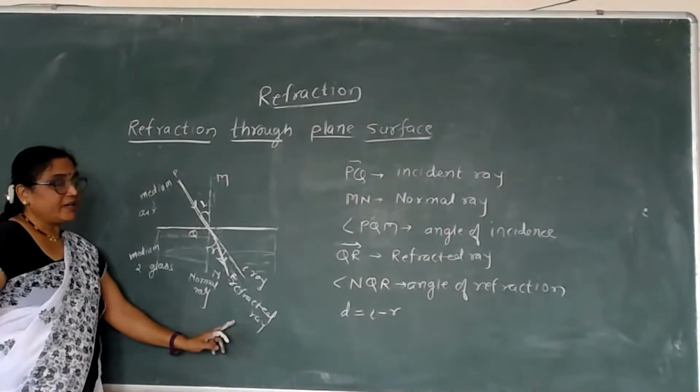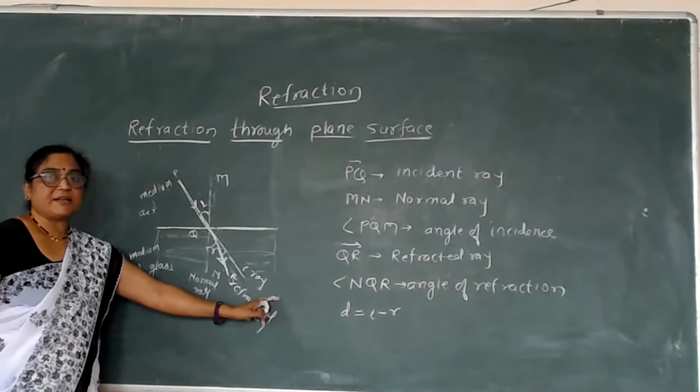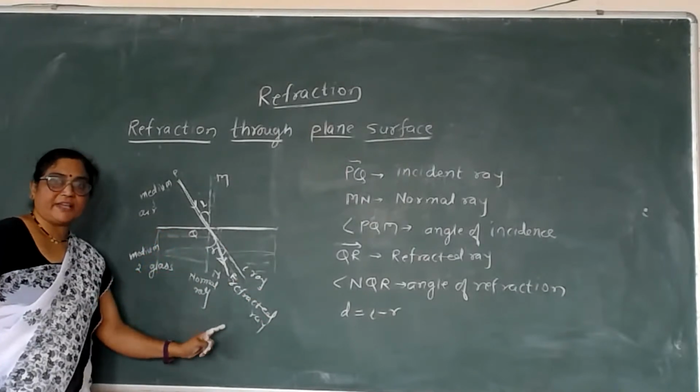So this figure is related to when the ray of light passes from the rarer medium to the denser medium.